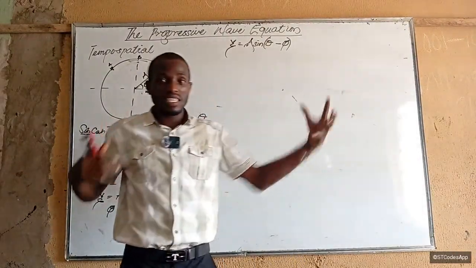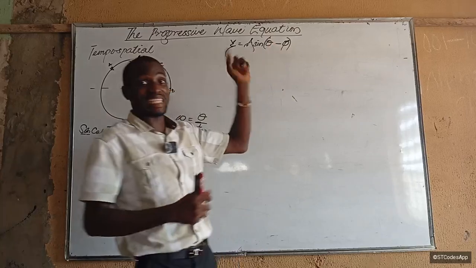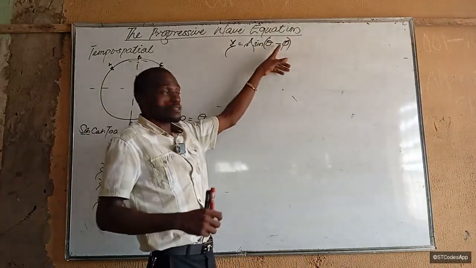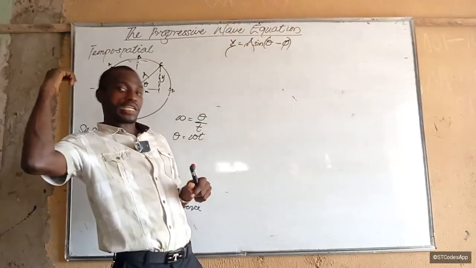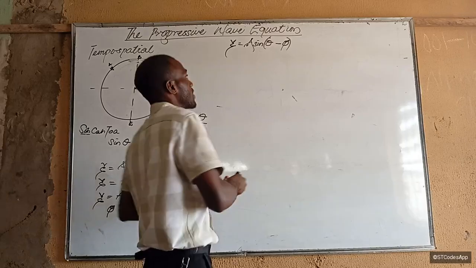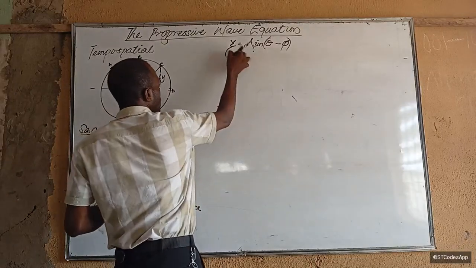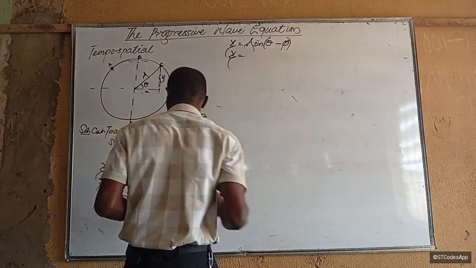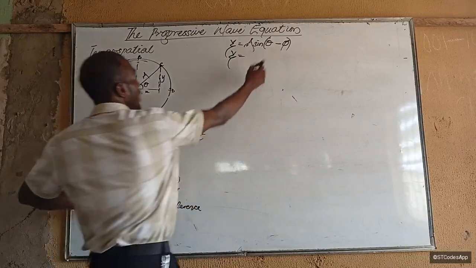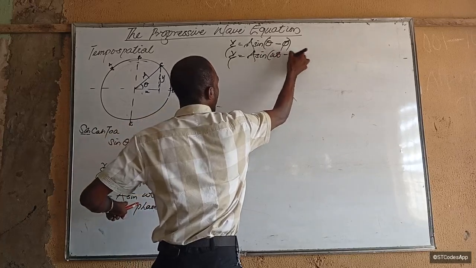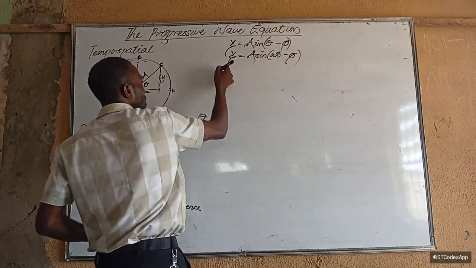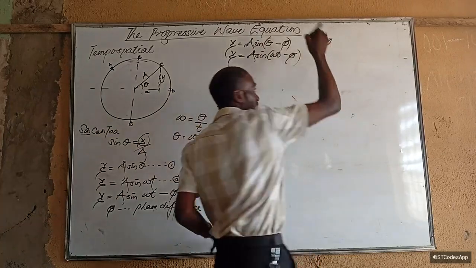Not all the particles are in the same place. So if I'm looking at a leading wave, I'm going to be subtracting the difference from other particle oscillators. So if that's the case, then I know that y will be equal to a sine omega t minus phi. However, I already told you that phi means phase difference.